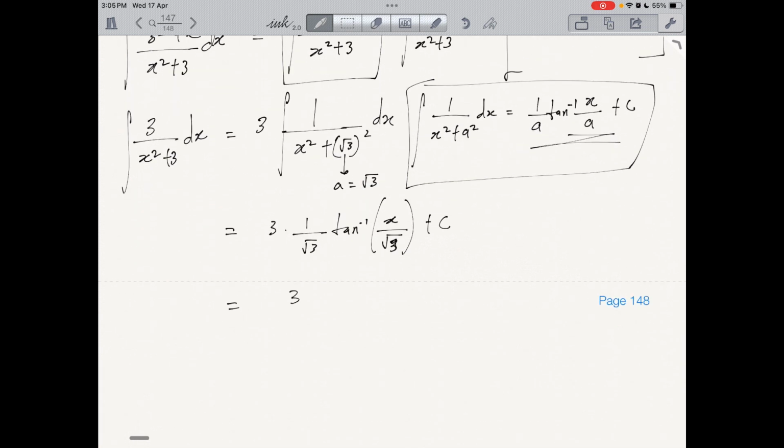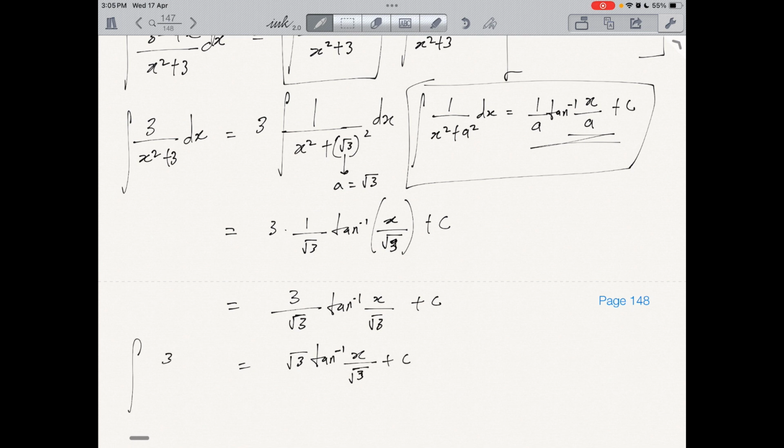And this will give us 3 over root 3 arctan x over root 3 plus c. Now 3 over root 3 is equivalent to root 3. Therefore, this will give us root 3 arctan x over root 3 plus c.